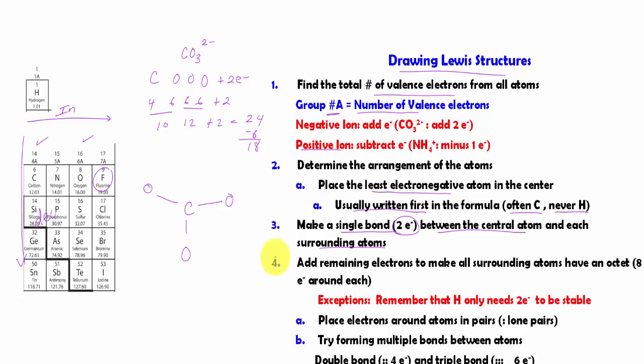Step 4 is I need to make sure that all the atoms are stable, because the goal of sharing electrons or making a chemical bond is to have an octet. The next step is adding remaining electrons to make sure all surrounding atoms and also the central atom are stable, but we're adding to the surrounding atoms first to make sure they have an octet or 8 valence electrons, except for hydrogen, which only needs 2 electrons to be stable.